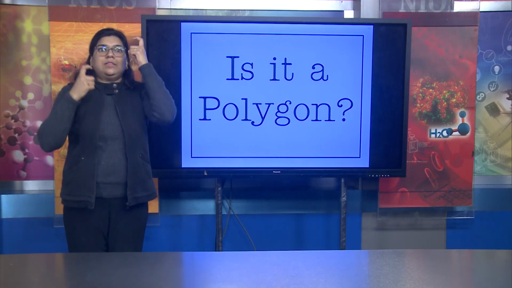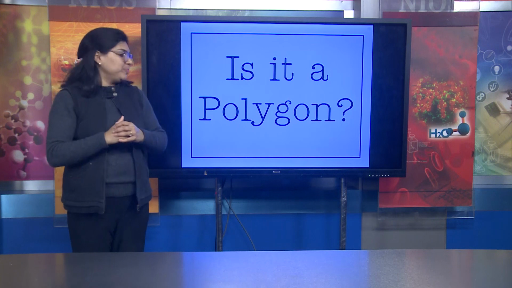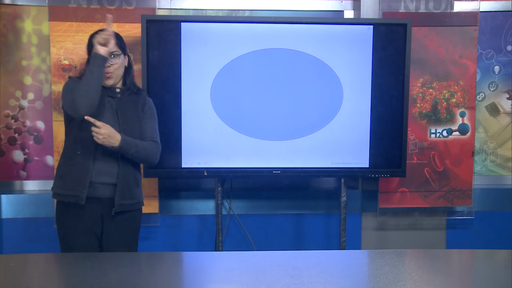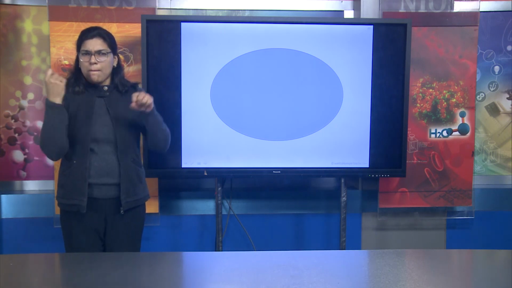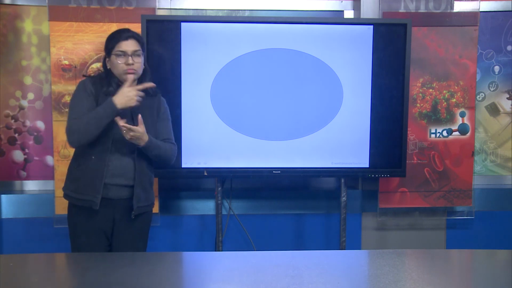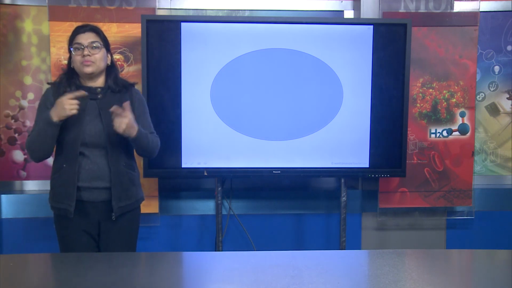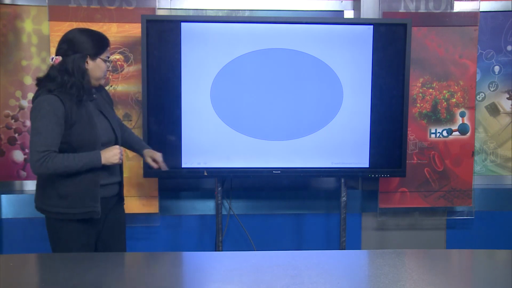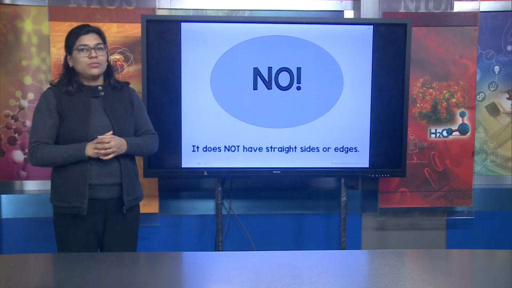You have to think about yes and no. You have to analyze yourself. You all can see this image is round in shape. Can you think, is it a polygon? Yes or no? What do you think? What is your answer? You have to think about it.